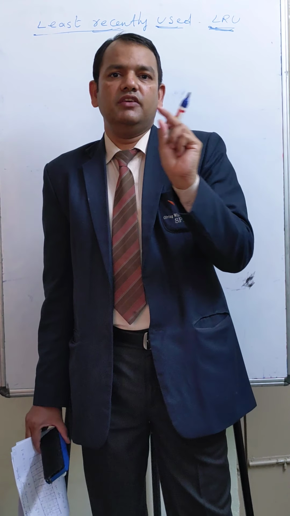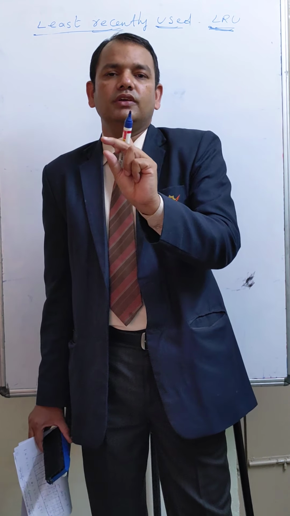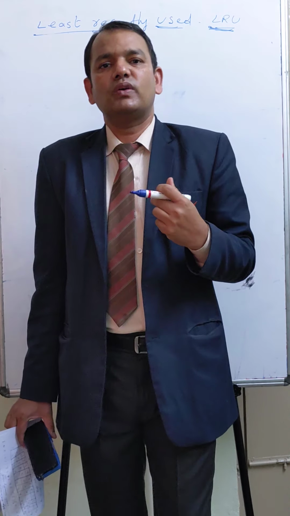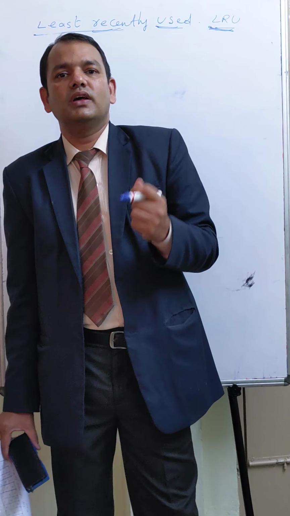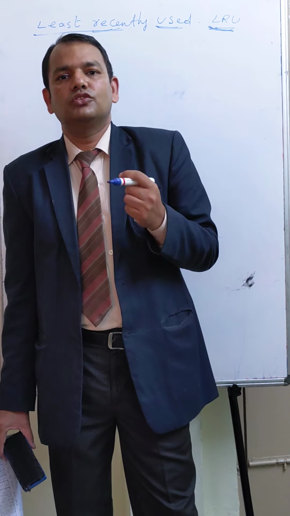For each page the CPU is referring, the counter value is copied. To find the least recently used page, the smallest value of the counter is the least recently used page. Then that particular page is going to be replaced.